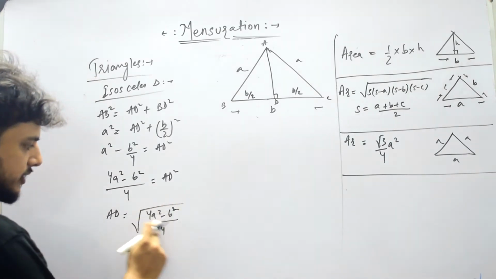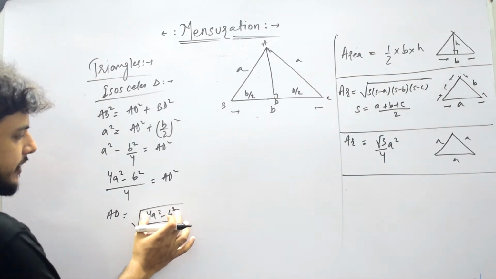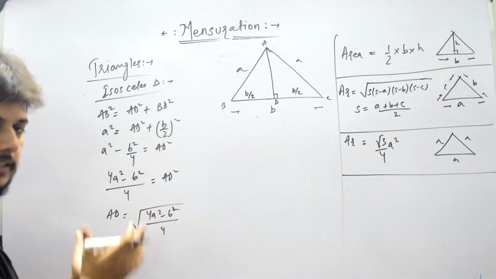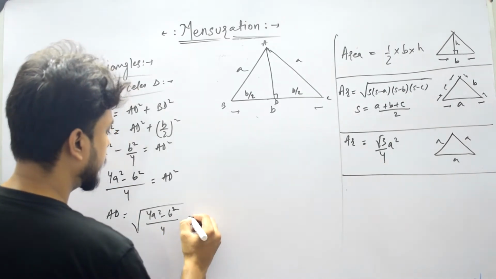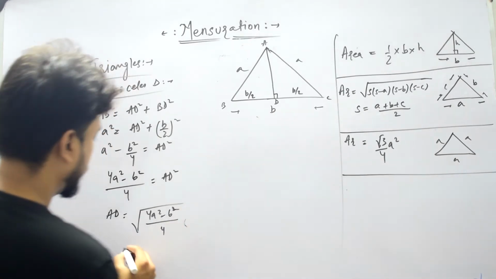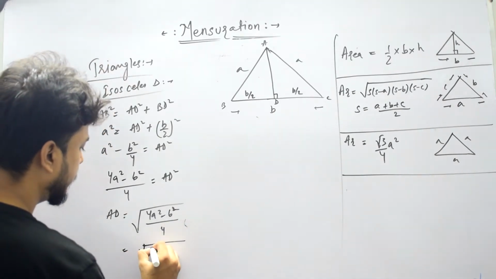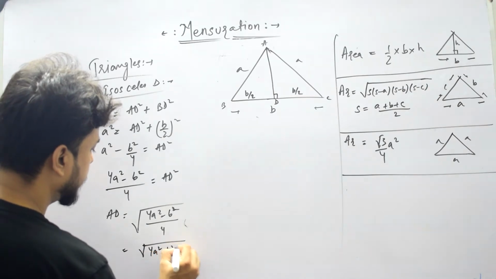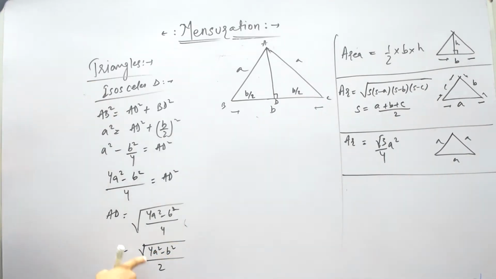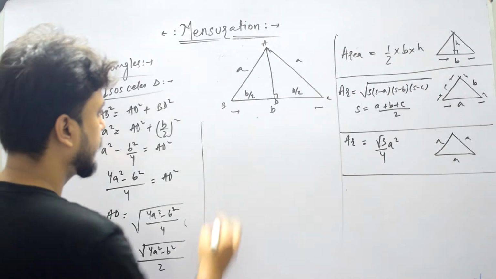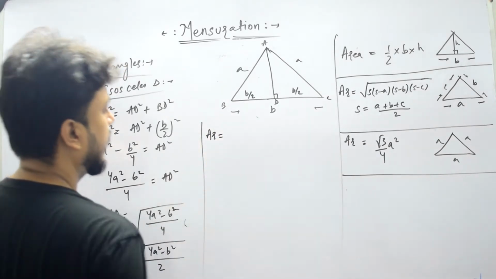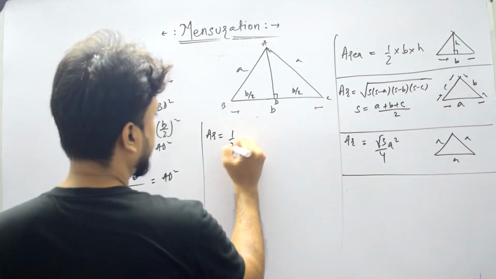Now the numerator will remain as it is, it is not a perfect square, we cannot take it out of the root, but the 4 will become 2. So it becomes root of 4A square minus B square, divided by 2. So what is AD? AD is the height. Now the formula for area is half into base.